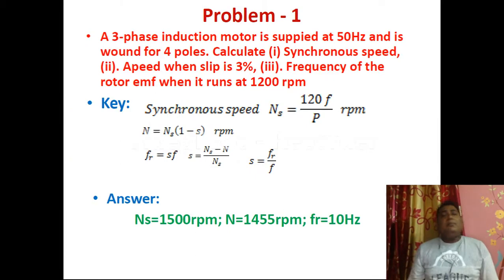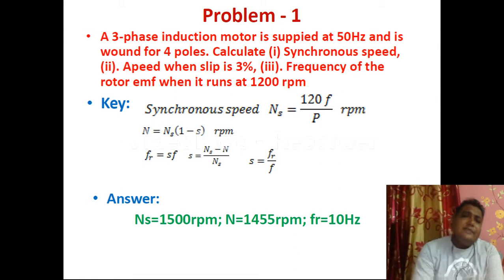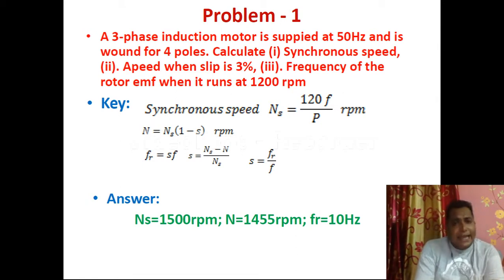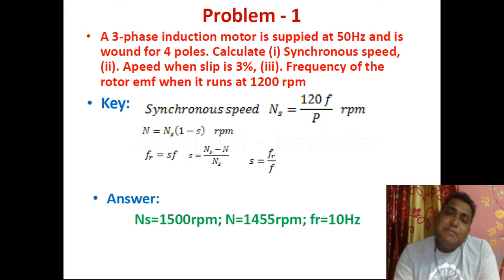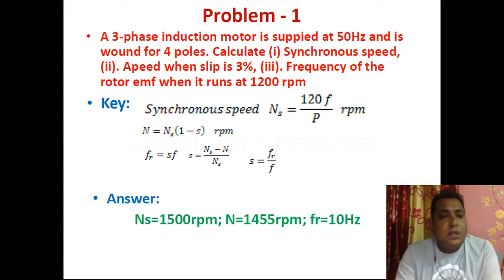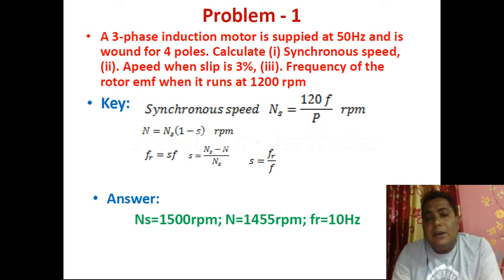Yes. Now coming to the problem. A three-phase induction motor is supplied at 50 Hz and is wound for 4 poles. Calculate the synchronous speed, the speed when slip is 3%, and the frequency of the rotor EMF when it runs at 1200 RPM.